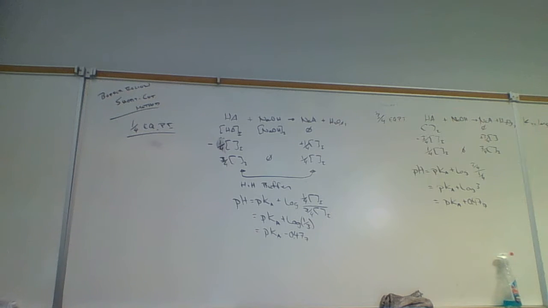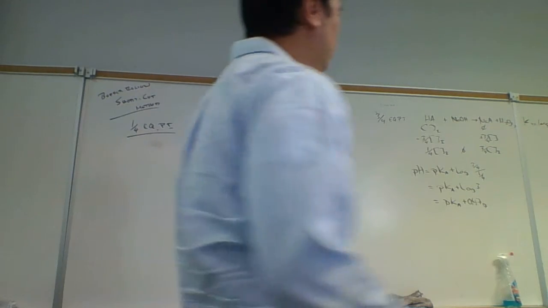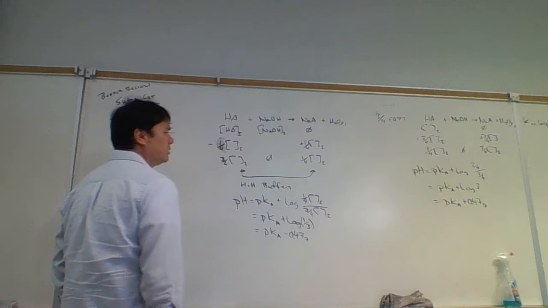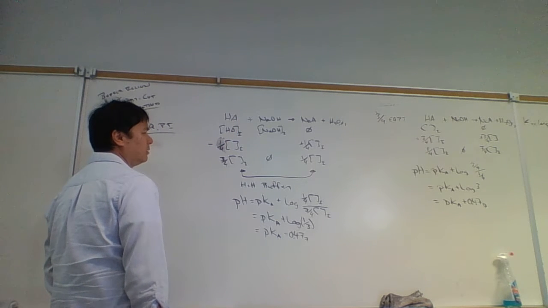The 1/4 is pKa minus 0.477, the 3/4 is pKa plus 0.477. The volumes would differ here because the total volume is 25, so 1/4 of 25 and 3/4 of 25. For us, it was 30, so 1/4 of that. Was it 30 or 35? 30.